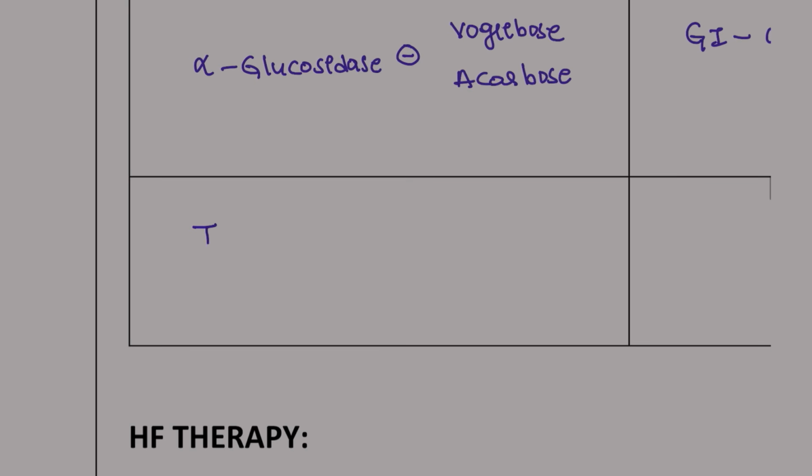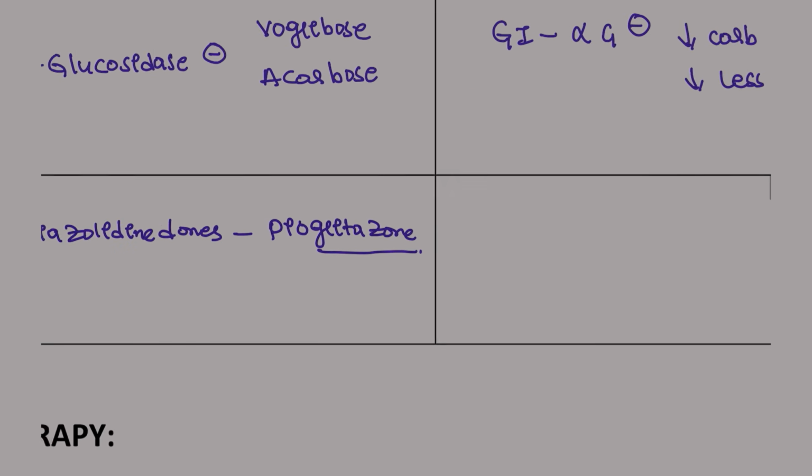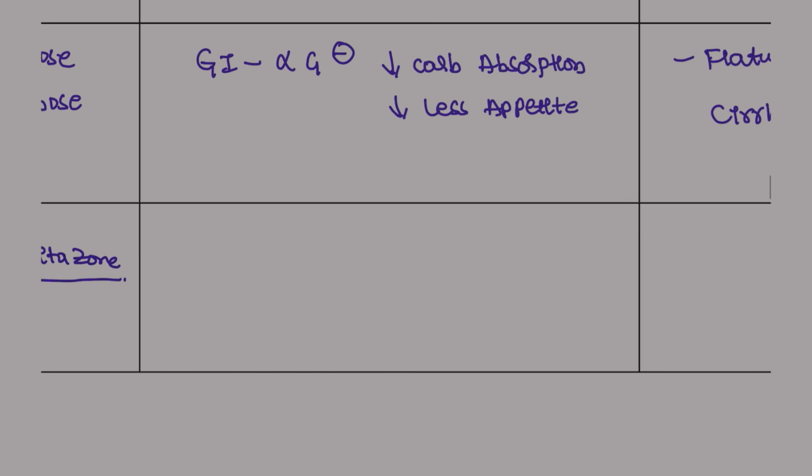And the last classification is the thiazolidinediones. The examples are the glitazones, such as pioglitazone. This drug acts on the PPAR gamma receptors on the periphery, so it will increase insulin sensitivity in the body.